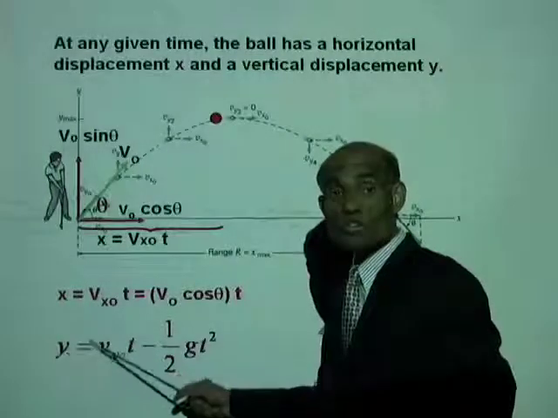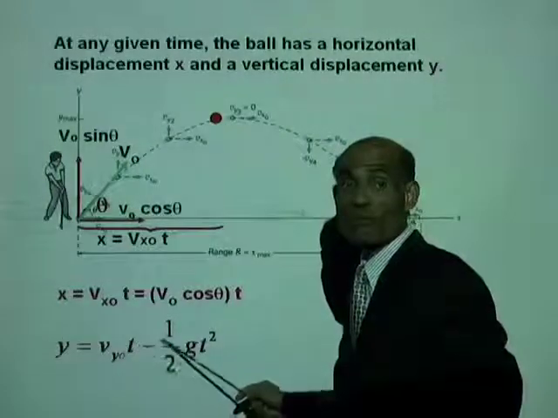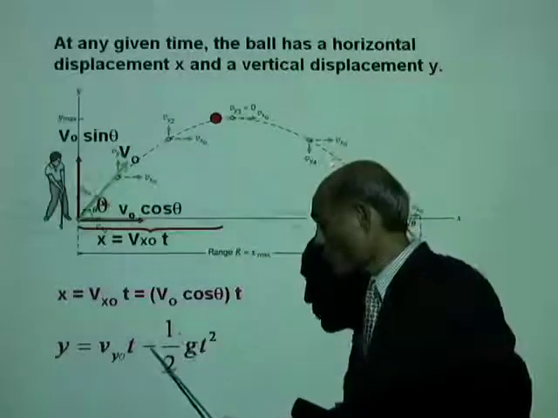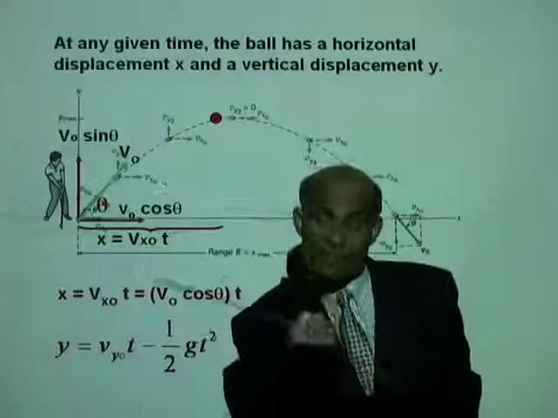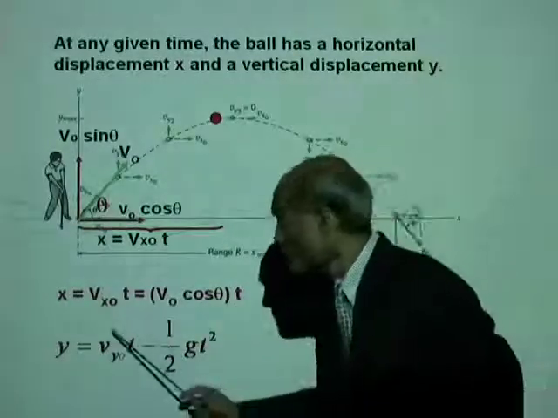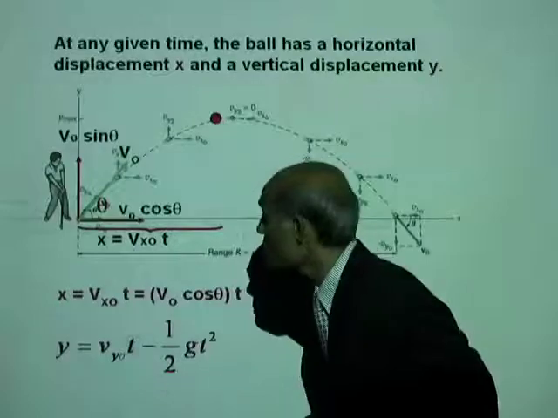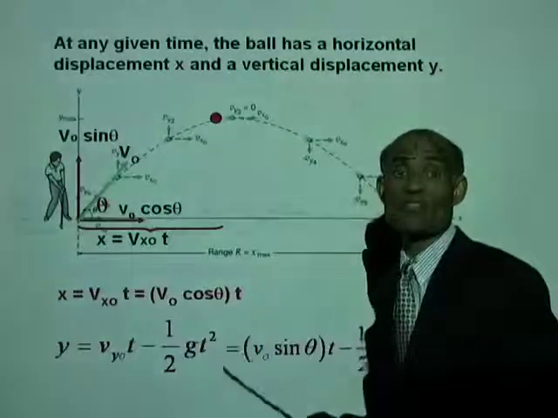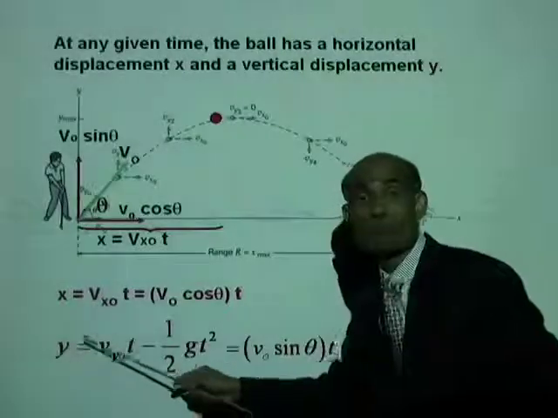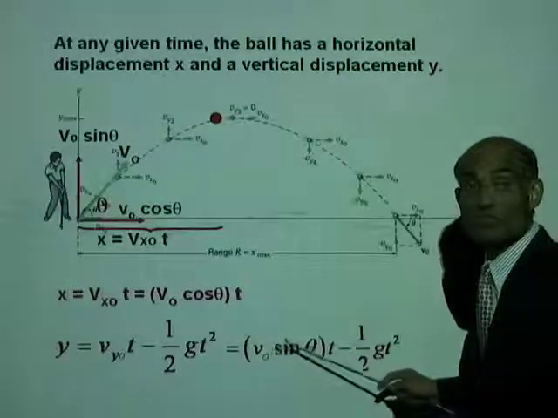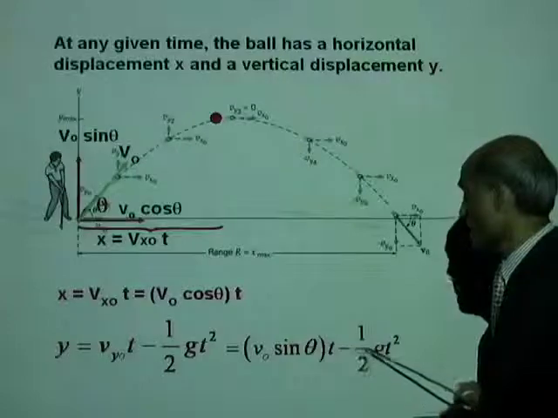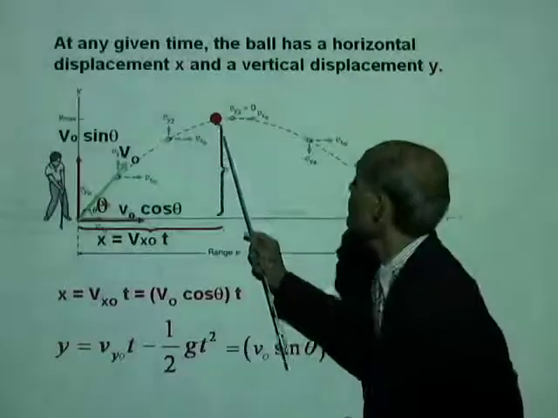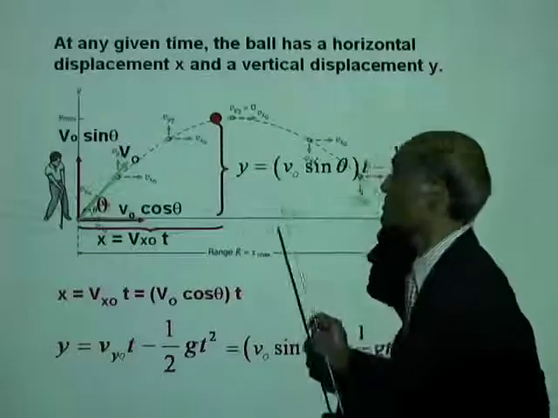So the y position is vy0 t minus 1/2 g t squared, because its acceleration is always directed downwards. What is the value of vy0? vy0 is v0 sine theta. So the y position is v0 sine theta t minus 1/2 g t squared. And this is that y position.